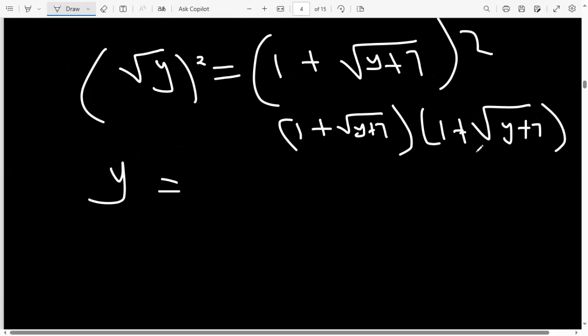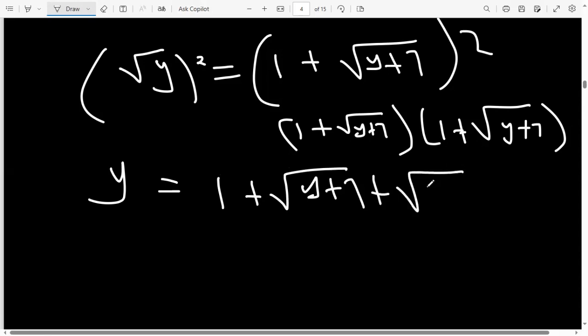Okay, so now let's expand this guy. So 1 multiplied by 1, it will be 1. 1 multiplied by this root of y plus 7, it will be the same thing, root of y plus 7. And then let's go to the root of y plus 7 now. Root of y plus 7 multiplied by 1, it will be the same thing, root of y plus 7. Okay, and then root of y plus 7 multiplied by the root of y plus 7.